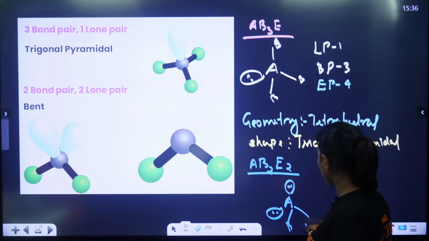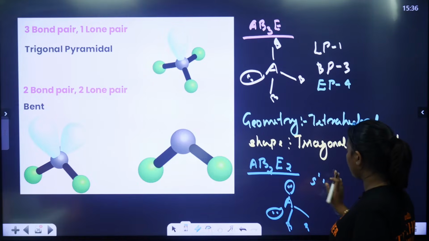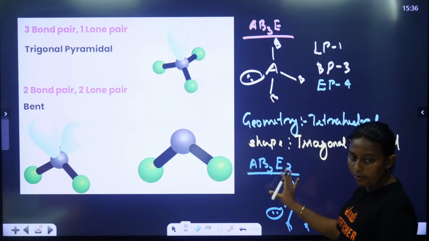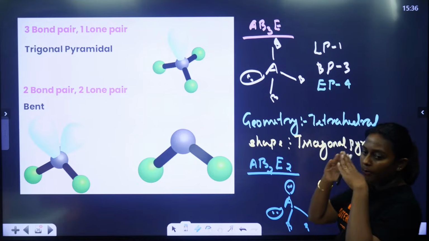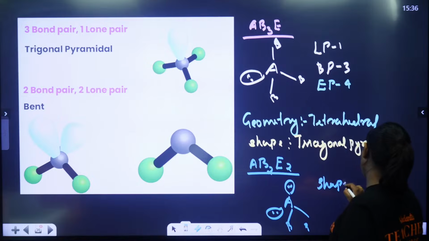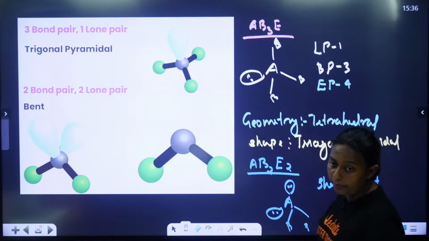Here the geometry is similar, so I am writing the shape only. If you ignore these two lone pairs, you will get a bend shape. So the shape is bend shape.